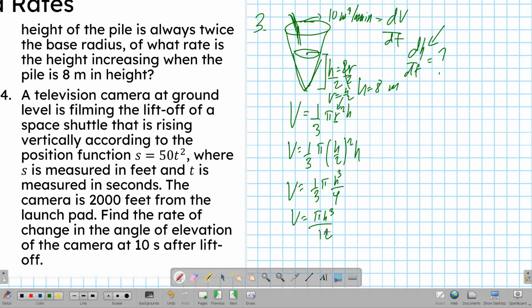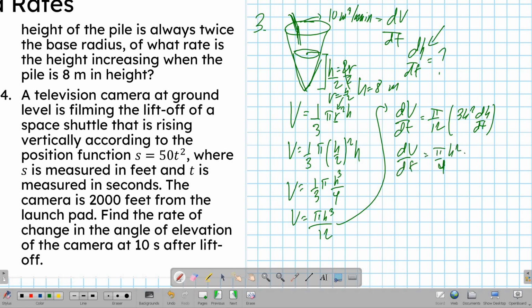So now we can find the derivative to find dh over dt. Therefore, dV over dt will then be equal to pi over 12 times 3h squared dh over dt. And pi over 12 becomes 1/4. So therefore, dV over dt is equal to pi over 4 h squared dh over dt.